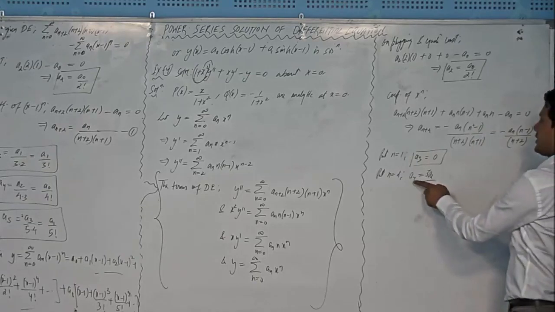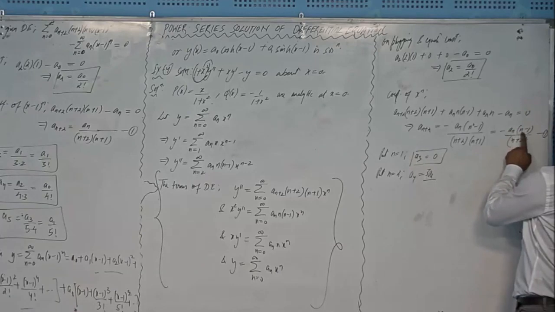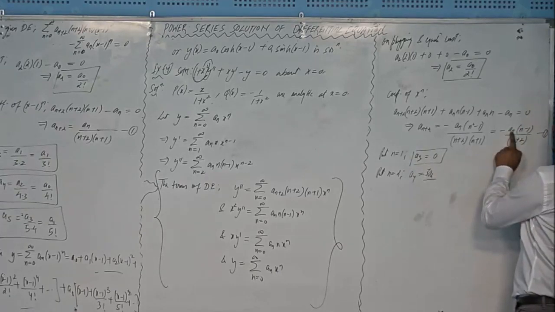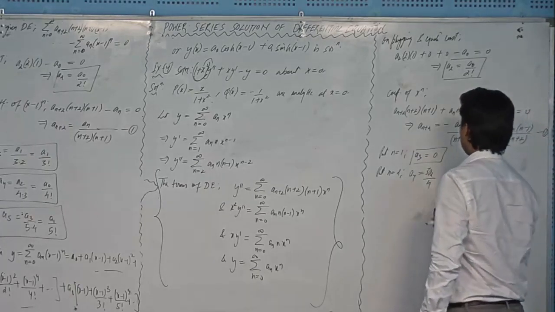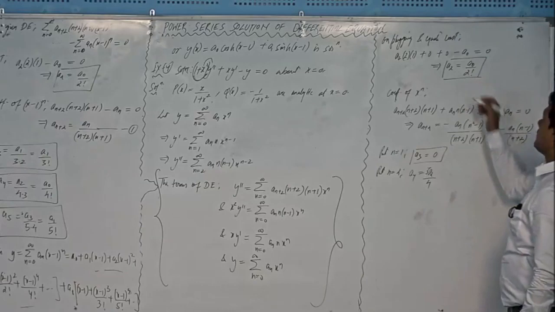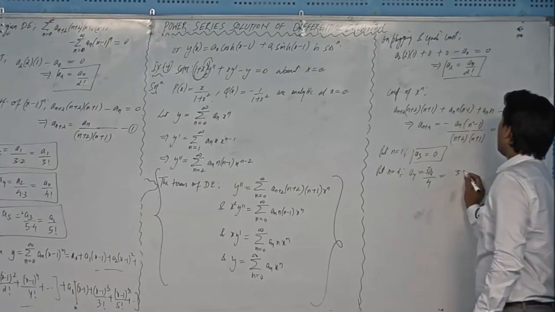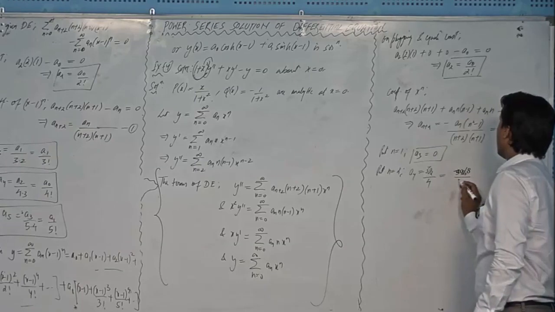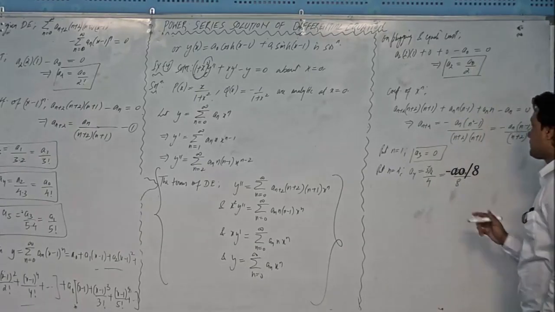Okay, so now putting n equal to 2 here, a4 will become 4 minus 1, 3, yeah, that's fine, a2, that is fine. And here you will have 4, right? And the value of a2 is 3a naught over 4 into 2 factorial, that will become 8. No need to write factorial now, right?